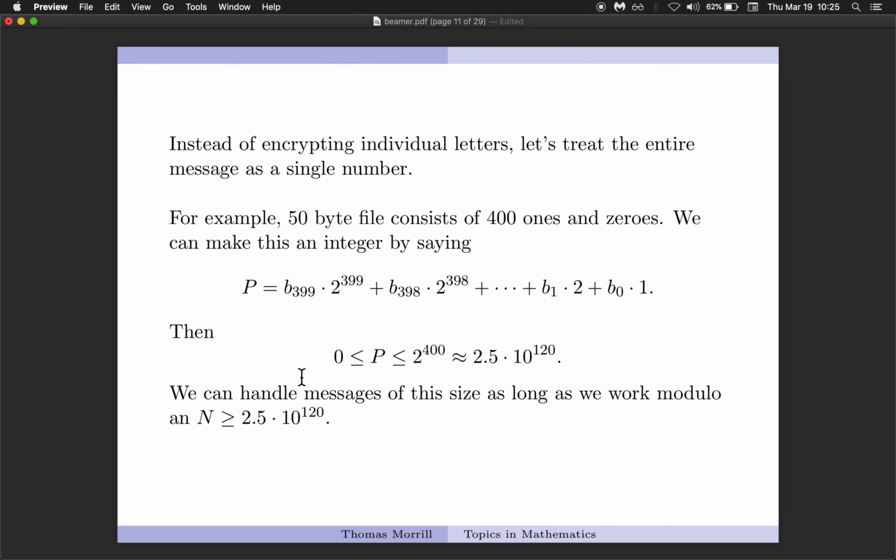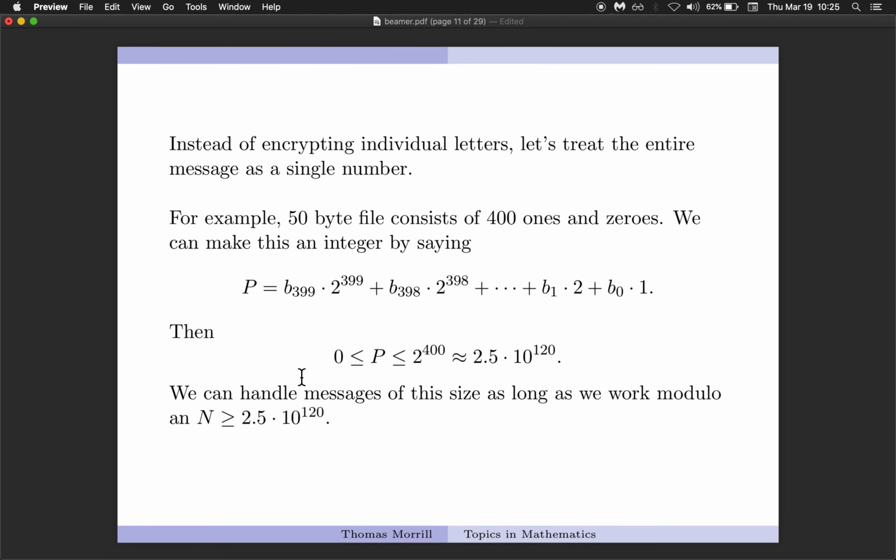My B sub 1, I multiply by 2 to the power 1, and my smallest bit, my B0, gets multiplied by 2 to the power 0, and this will give me some integer between 0 and 2 to the power 400. And as I'm looking at my slide, this should be strictly less than.